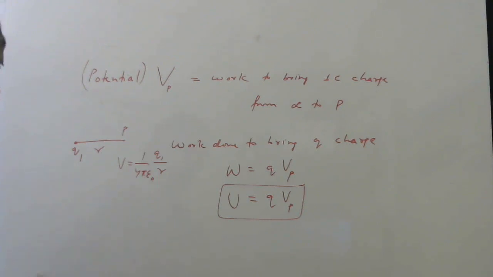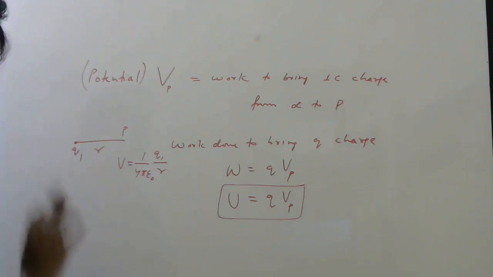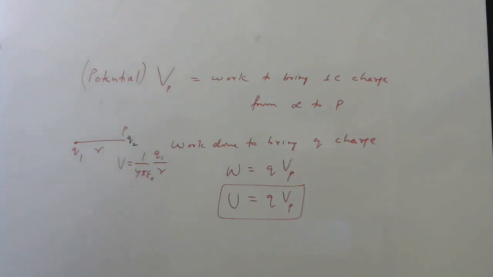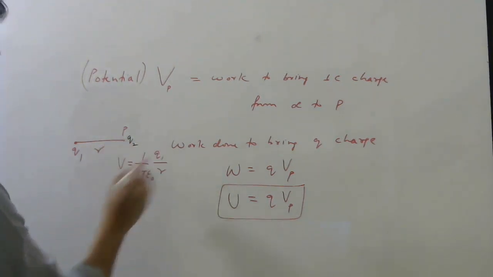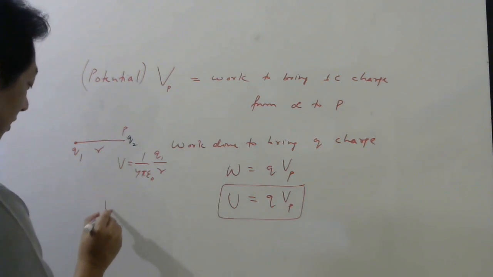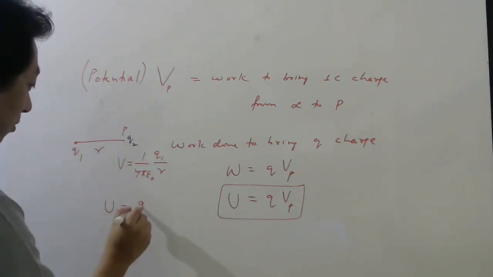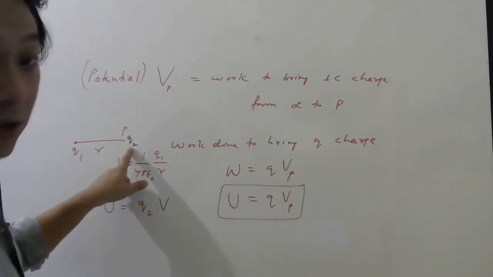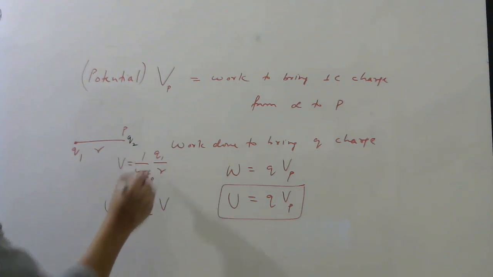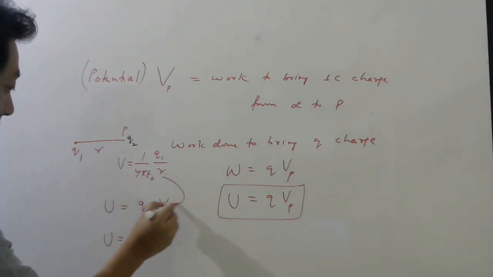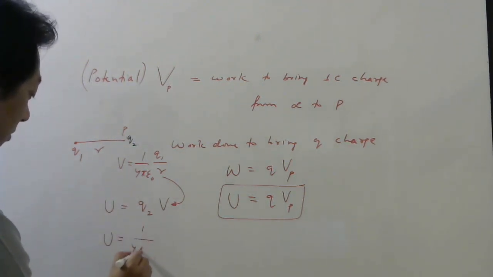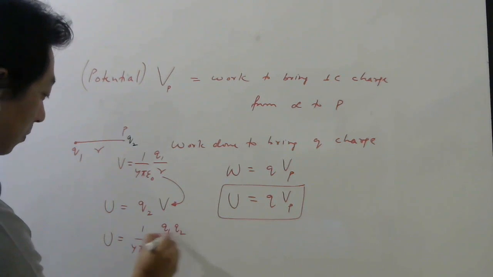Now, if you bring another charge Q2 from infinity to this point, keeping the source charge fixed, then the work done to bring Q2 will be nothing but the potential energy of this system, and that will be Q2 into V. Using this definition, I am bringing Q2 from infinity to this point. If I substitute this potential V here, what will you get? 1 by 4 pi epsilon naught Q1 Q2 by R.